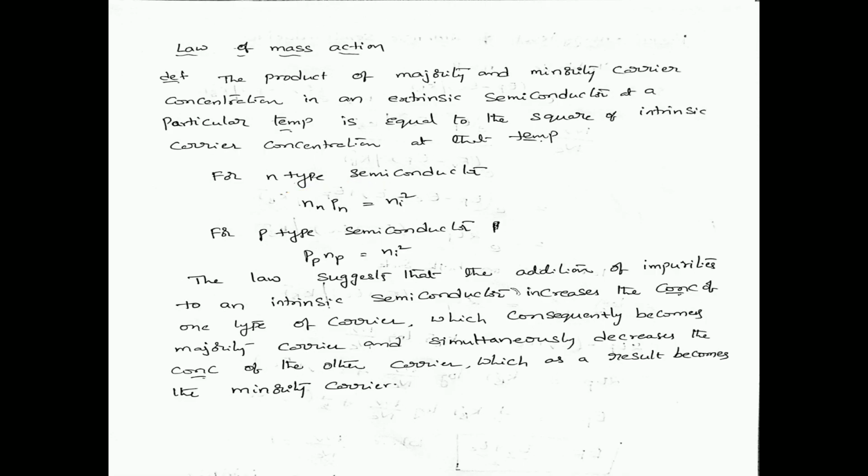The total negative charge due to the conduction electrons and acceptor ions is equal to that of the holes and donor ions in unit volume of the material. This is the charge neutrality equation.